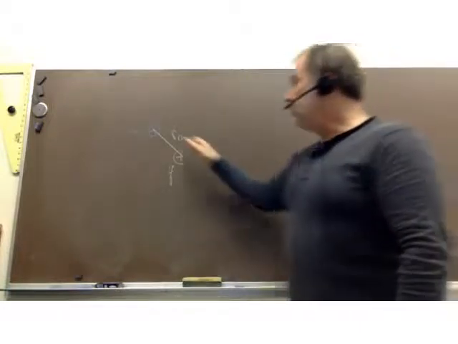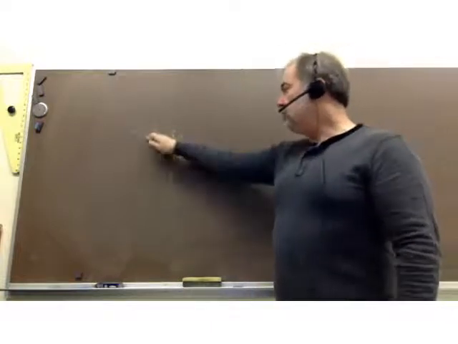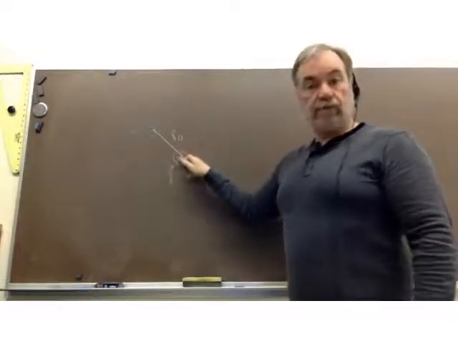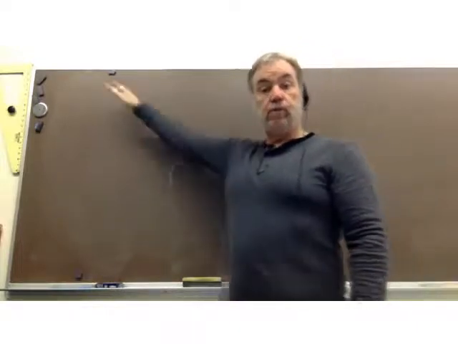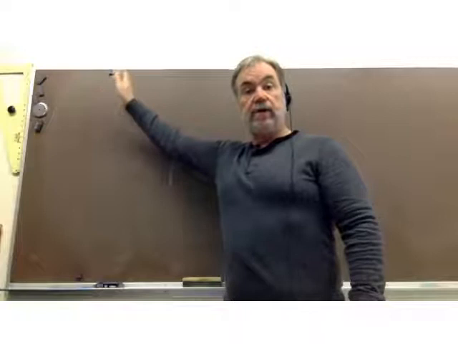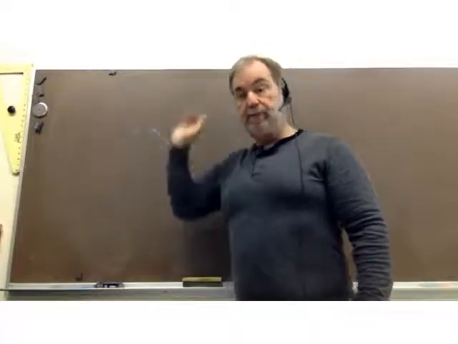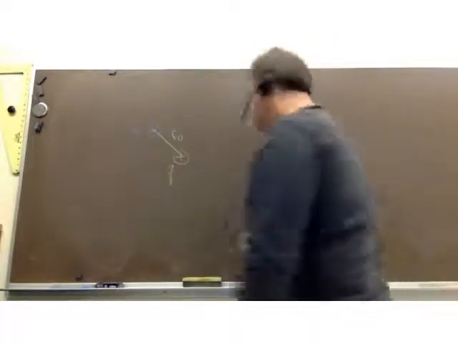Okay, so there'll be a force on the test charge due to the electric field of the source charge. That force will cause the test charge to move, to displace in this direction. So there'll be a force and a displacement. The product of those two things is the work.